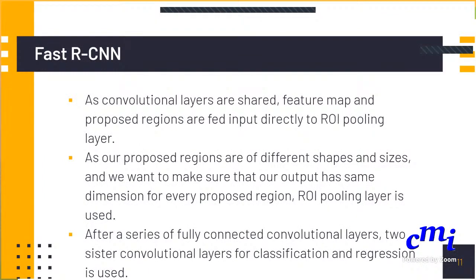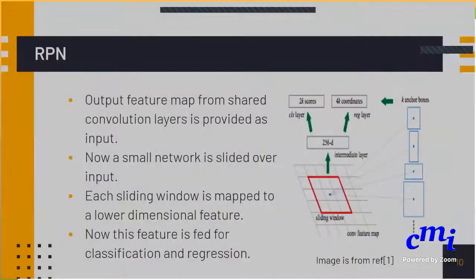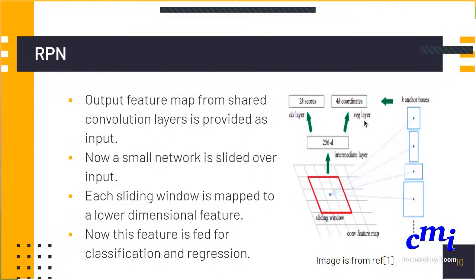Now for further convolution layer input, we want our output to be of the same size regardless of the size of the bounding boxes. If the boxes are very large or very small, we cannot have the output change according to that.